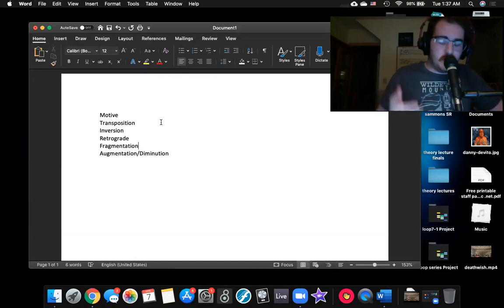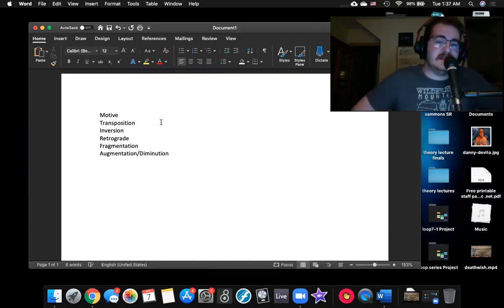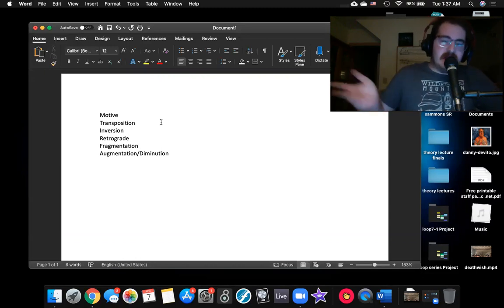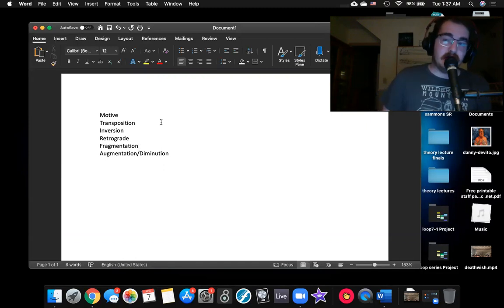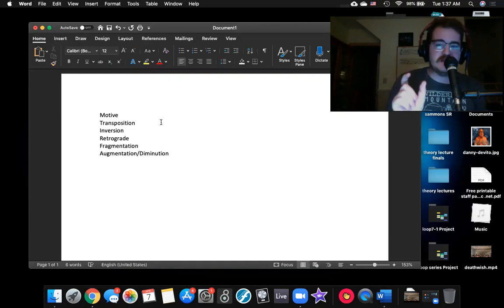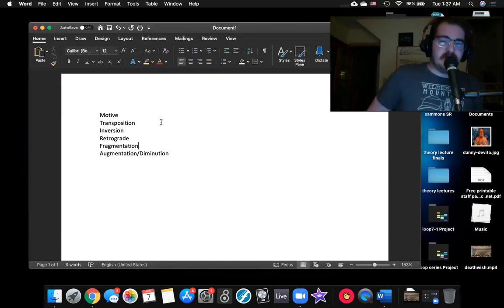The full motive in Bach's Invention 8 is actually bum bum bum bum bum bum ba da da da da dum. And then there's a second motive that comes after that. That's the first four measures. So a fragmentation would be what I sang earlier, which is just bum bum bum bum bum bum. It's just a small snippet of the original motive.